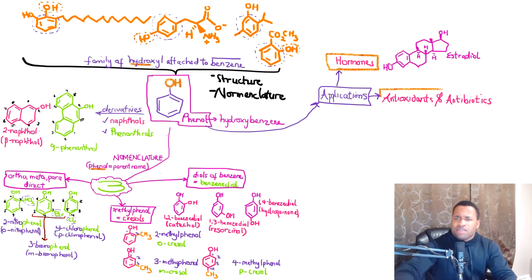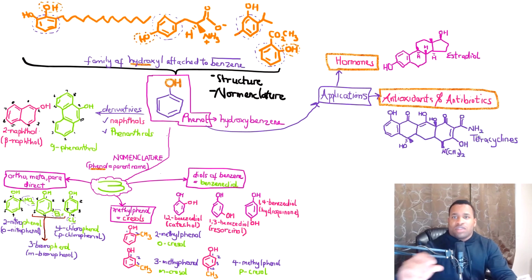So that's about it for antioxidants and antibiotics. This tetracycline is actually an antibiotic, and the diversity of antibiotics related to the tetracycline is really fascinating, and that is how beneficial this is in terms of the overall structure coming from phenols.